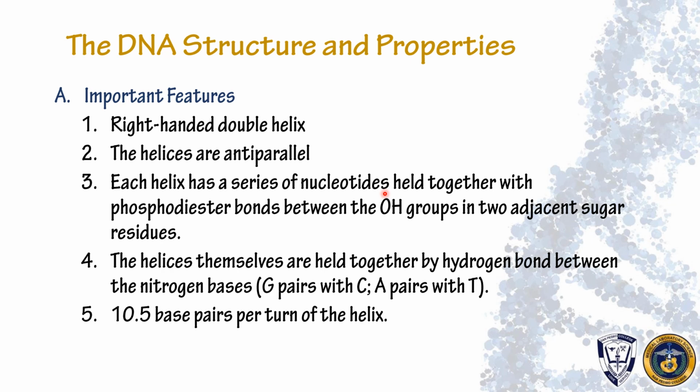Tinawag siyang Z DNA because due to the stress and conformation, it will also change the salt concentration present in the structure, and hence will form a zigzag pattern. Kaya siya tinawag na Z DNA.